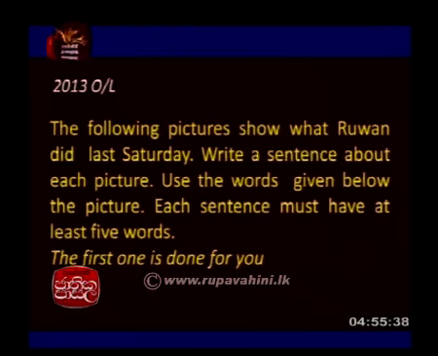Now remember, these instructions should be very precise. You have to write only one sentence and use the words given below the picture. You have to use the particular words given. This is a different type of picture description. Normally they are free to look at the picture and describe, but this time they have given some words. So you have to be very particular.